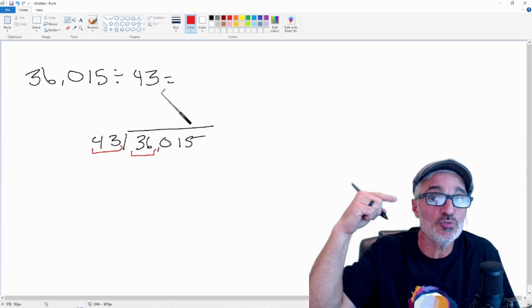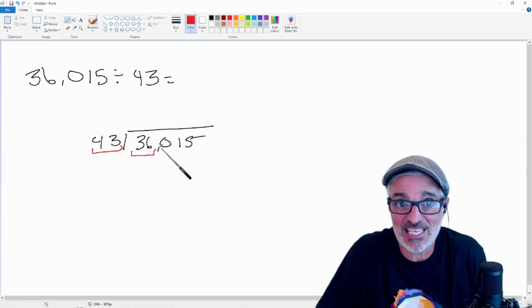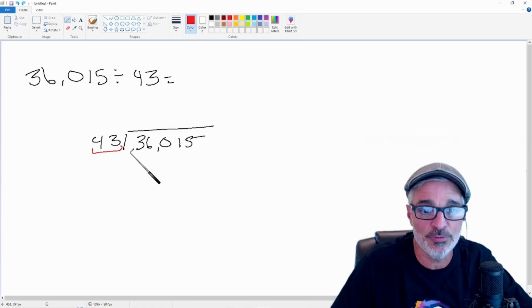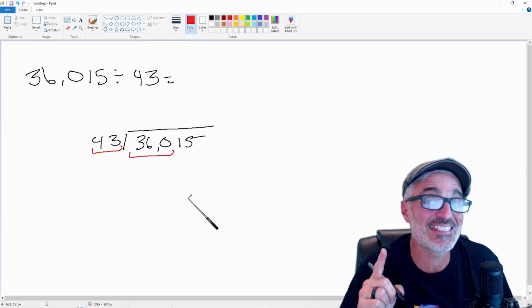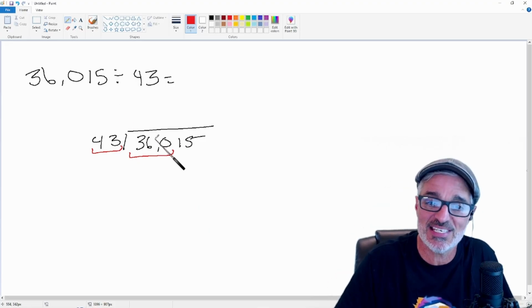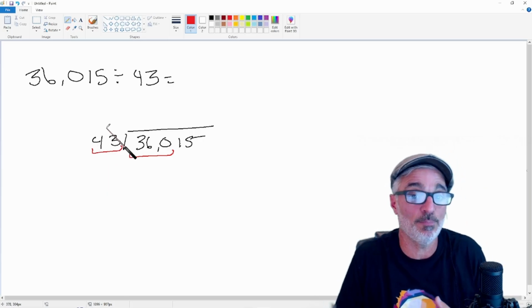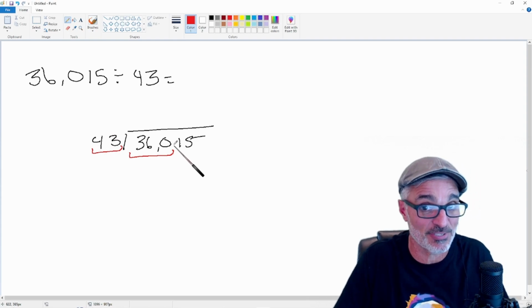Remember when we used to do this with one digit, we would put the next digit together. So instead of 36, I'm gonna put 3 digits together, and I'm gonna use now the 360. Now I can ask myself, well, what is 360 divided by 43? But another way to ask that would be, what number do I multiply by 43 to get 360?